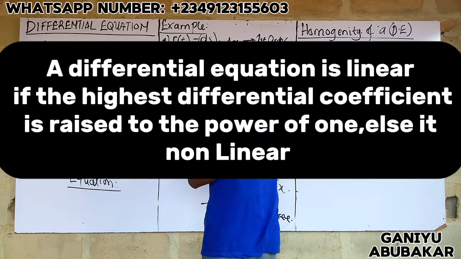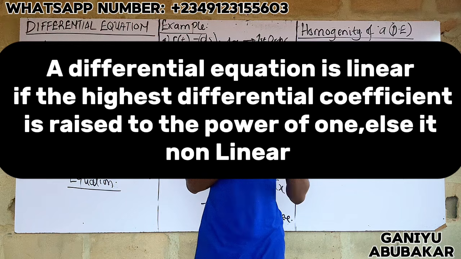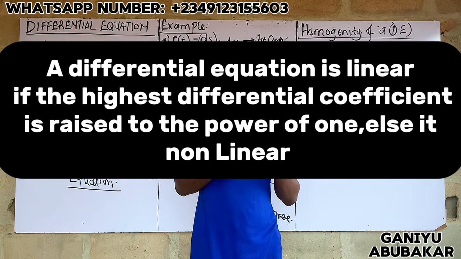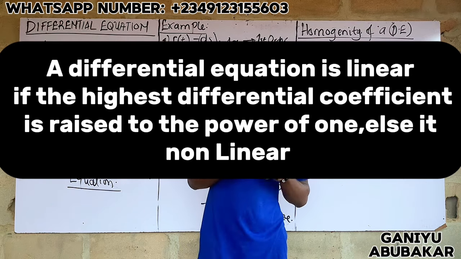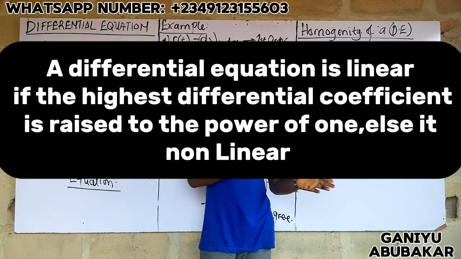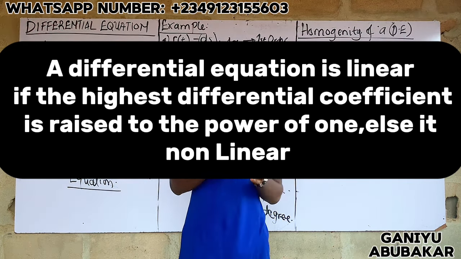A differential equation is linear if the highest differential coefficient is raised to a power 1, except it is non-linear. So I'm saying that a differential equation is linear if the highest differential coefficient is raised to power 1, right?